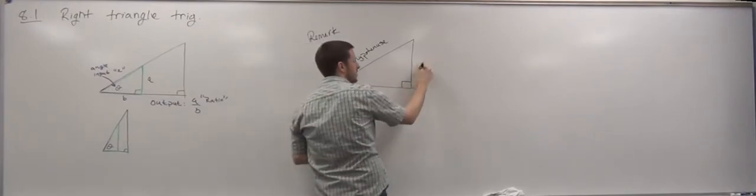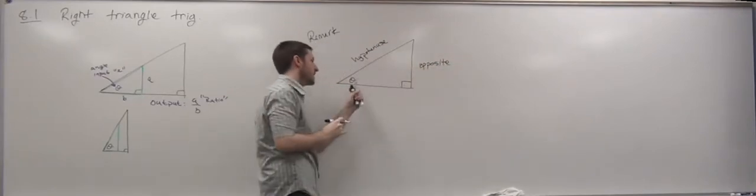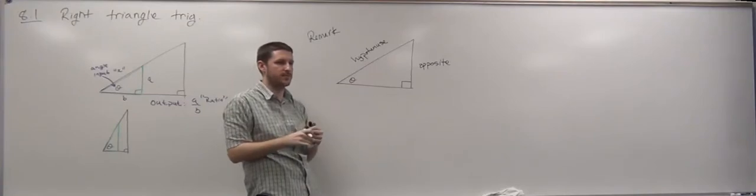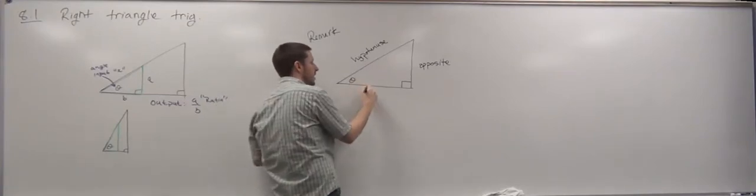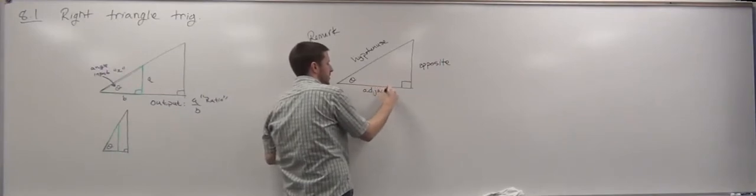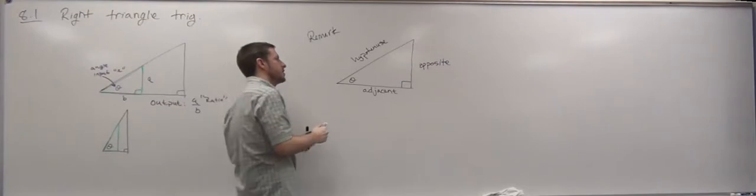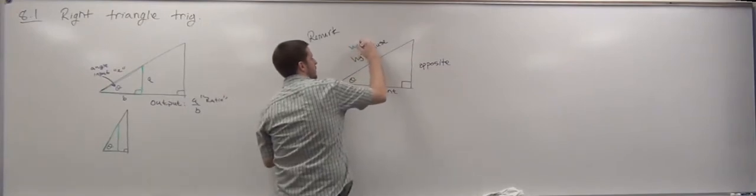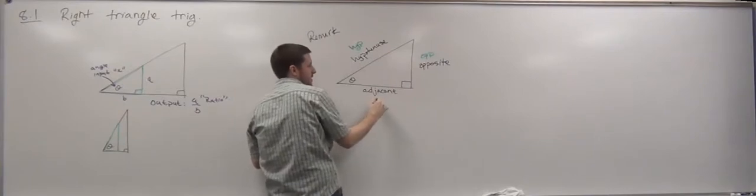So this side length can be labeled opposite, meaning that it's opposite from the angle we're focusing on. This side length here is touching this angle, so we're going to call it adjacent. Or if you're a lazy mathematician, this is hypotenuse, opposite, this is adjacent.